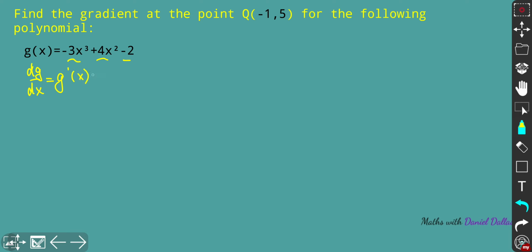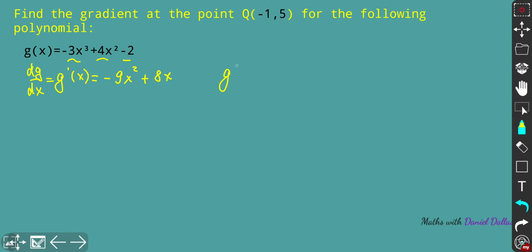First of all, I'll find the general derivative. g prime is going to be negative 3 and 3 will give us 9x to the power 2, plus 4 and 2, you'll get 8x. And there is the constant which gives me 0 as a derivative. All right, so that's the general equation for the derivative.